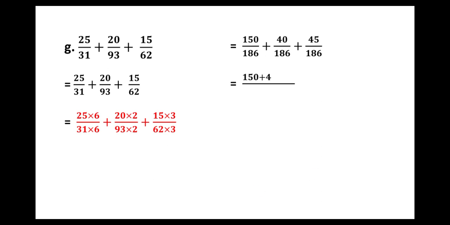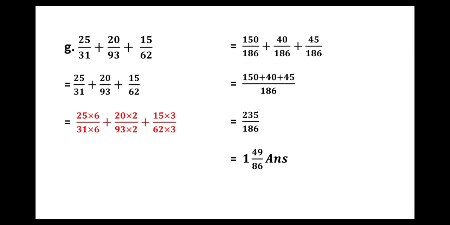Now in the next step, we add the numerators only. 150 plus 40 plus 45 upon 186 to get 235 upon 186. Now you can check that the numerator is greater than the denominator. So we divide it.